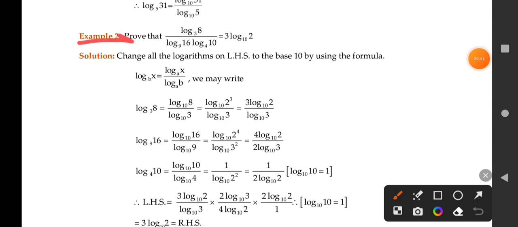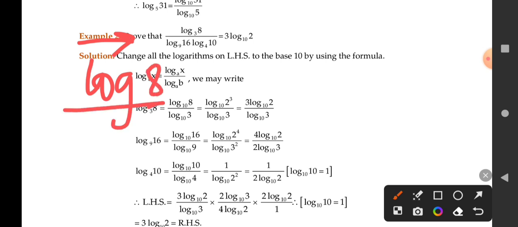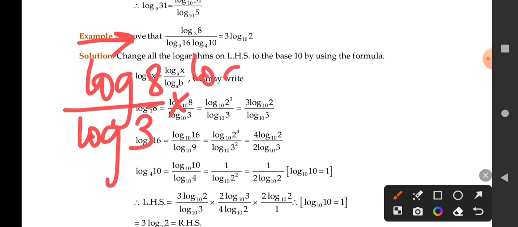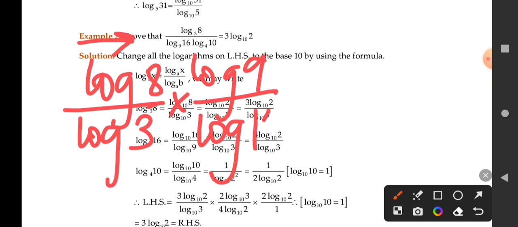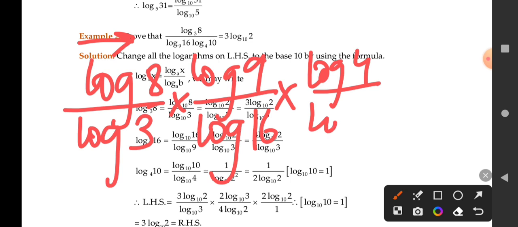Example number 2. We have to prove this. So when there are different bases, split the logs. So we have log 8 to the base, log 3. Now I'm going to flip the denominators. What do we get? We have log 9 divided by log 16 into log 4 divided by log 10.